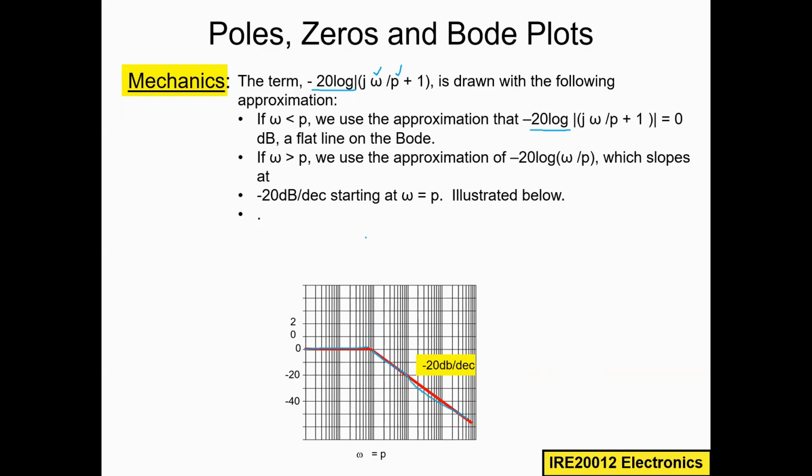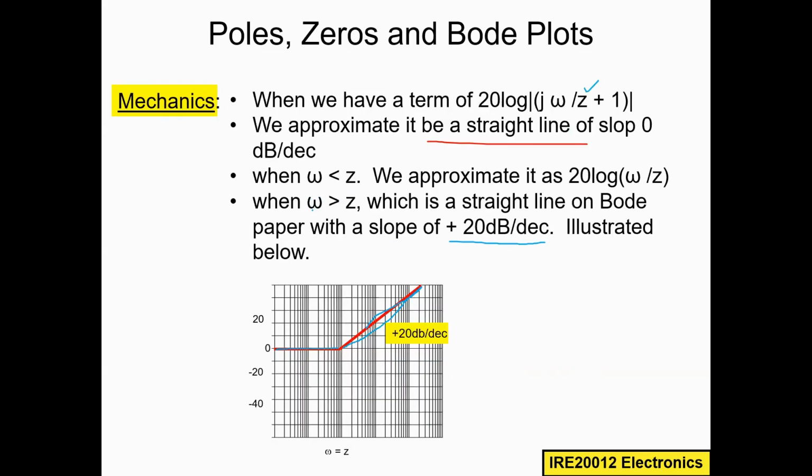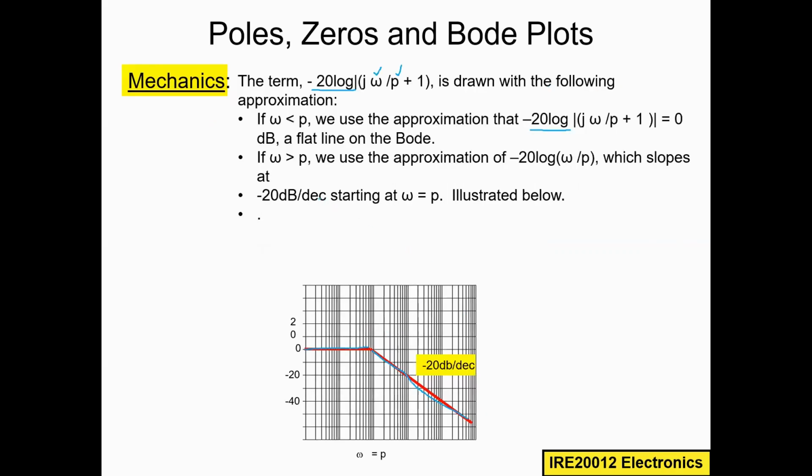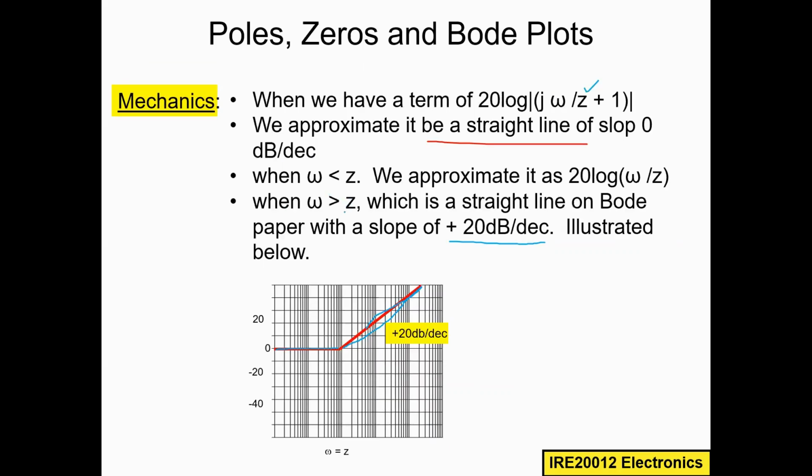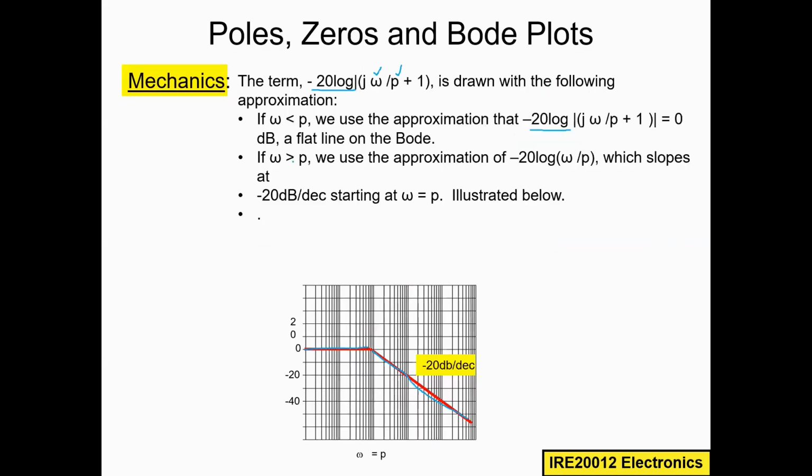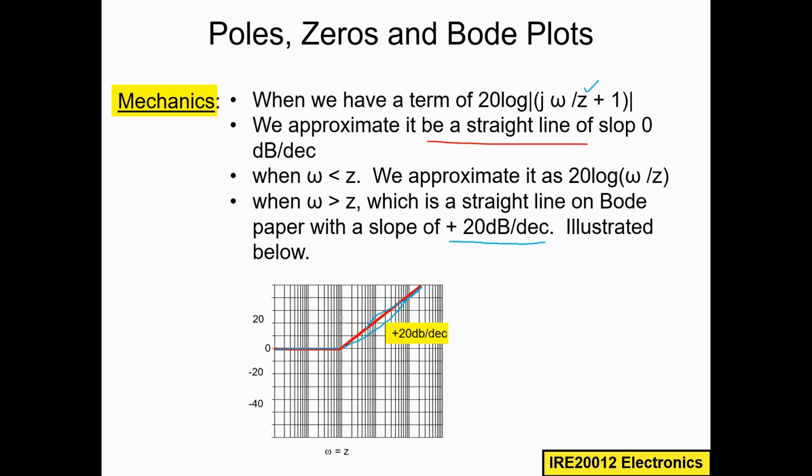So you should know the difference between here and here. Here omega is greater than the zeros, so we have a positive rise of plus 20 dB per decade. Here omega is greater than the poles, and it is the same graph but the opposite: it falls down minus 20 dB per decade, whereas in the previous one it rises up.